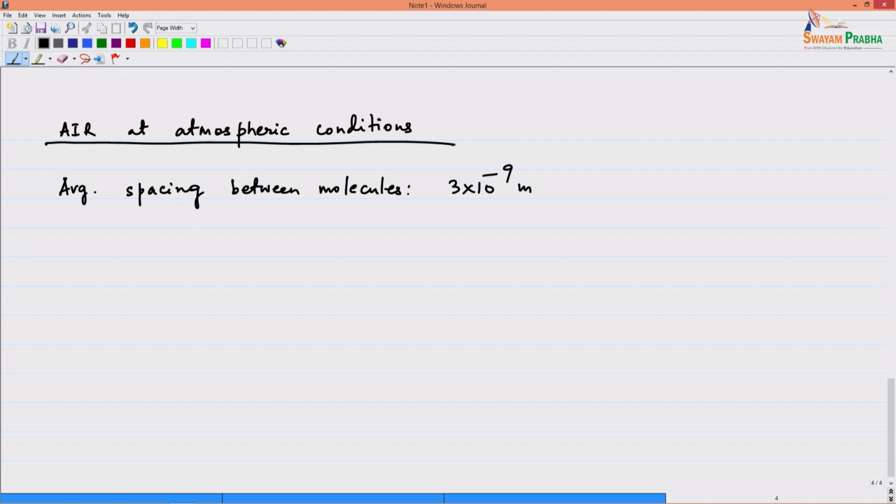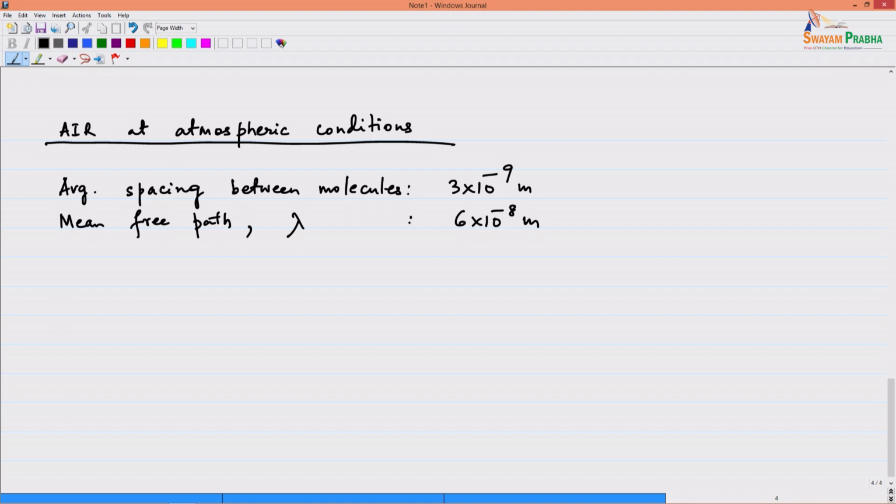And then you have the mean free path, which I was talking about a little bit earlier, which is usually denoted as lambda, and that is equal to 6 into 10 to the power minus 8 meters.